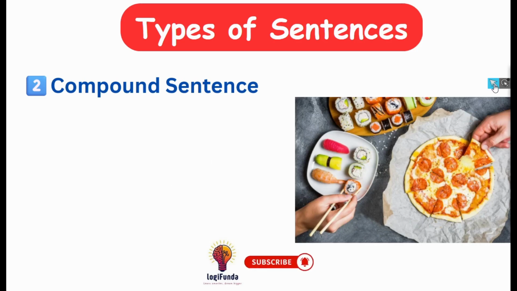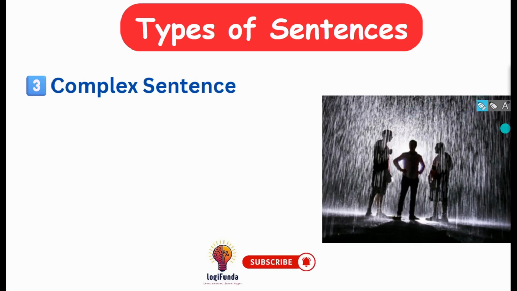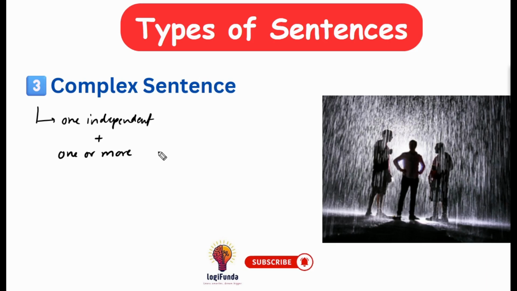Okay. Now let's move on to the third type of sentences, which are common when we have although, because, since in conjunction with the sentences. So in complex sentences, there is one independent clause plus one or more dependent clauses.